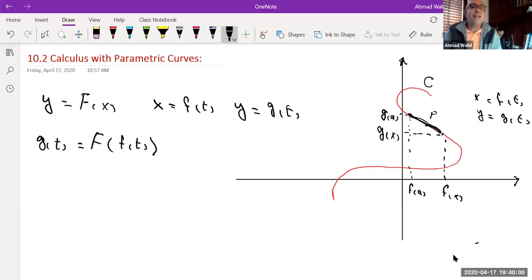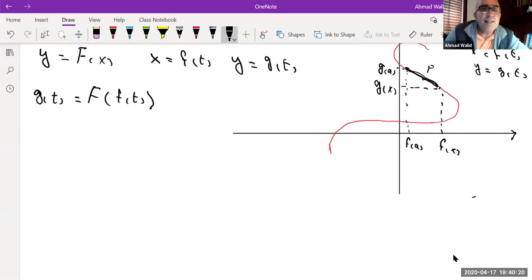Any question about what I did here? I did a bunch of substitutions here. I substituted the value of y here. I substituted the value of x here. Any question in this step? I want to prove the derivatives for you, correct?